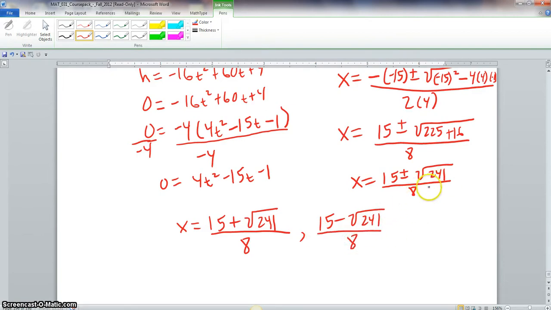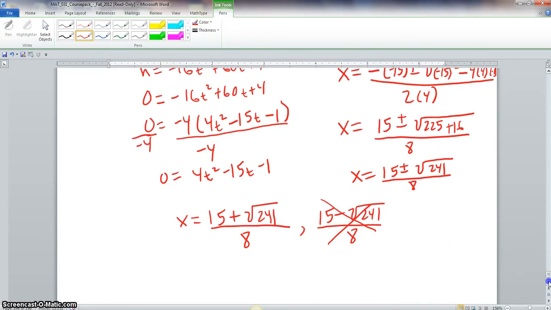Now, even without using a calculator, we know negative 15 squared is 225. So this square root of 241 is going to be larger than this 15. So this is going to be negative. So we could cross that out because we know our final answer cannot be negative.